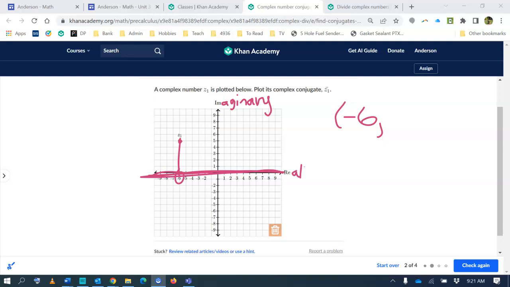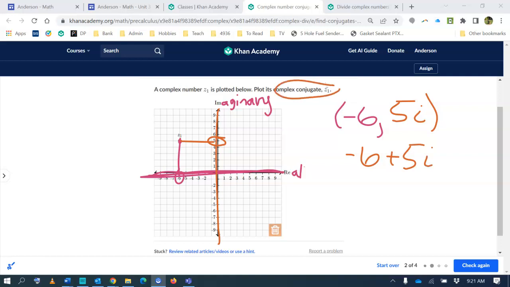And then our imaginary axis, this vertical one, which is usually our y, goes to 5. I actually identified it as a 6. So that's 5i. Now, that's the coordinate of that point. The number would be negative 6 plus 5i, and we're looking for the conjugate of that.